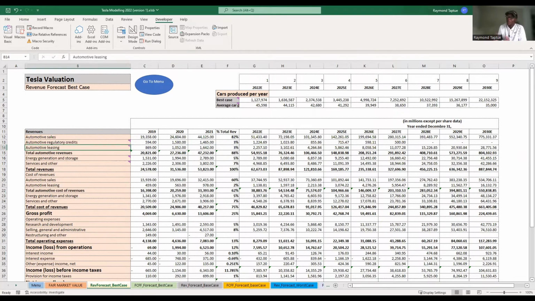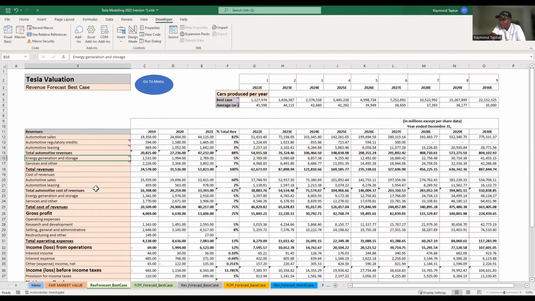Now, for the third line, which is automotive leasing, I made the assumption that the automotive leasing revenue will be growing at a rate of about 37% per year, using 2019 and 2021 quantity to derive the annual growth rate. And using that, we have the value of the automotive leasing revenue till 2030.